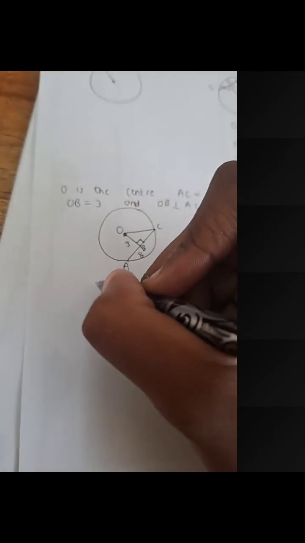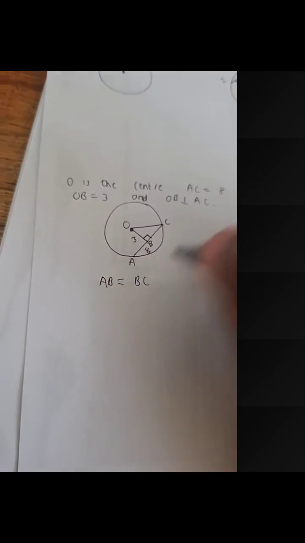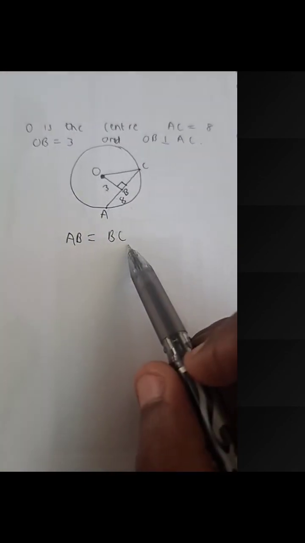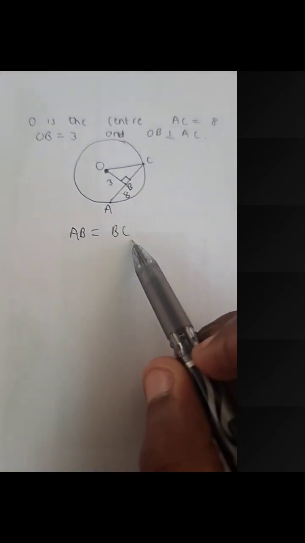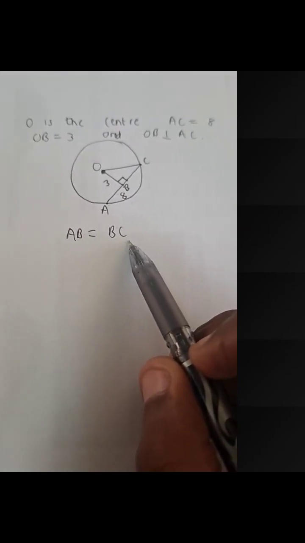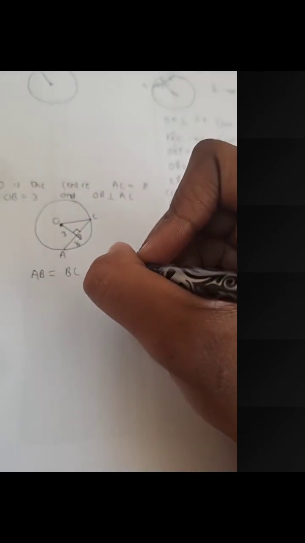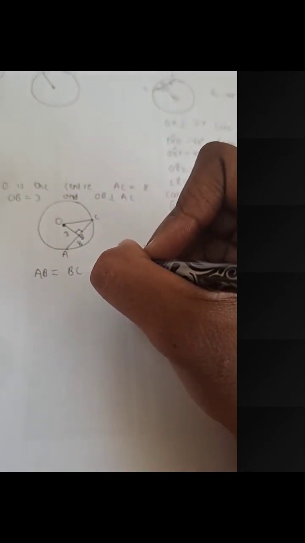So in other words, we can then conclude and say AB is equal to BC. Right? AB is equal to BC. All right. And why do we say AB is equal to BC?